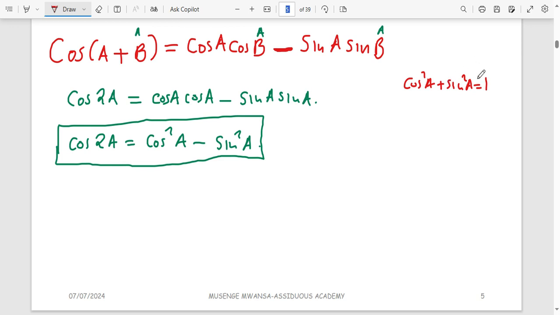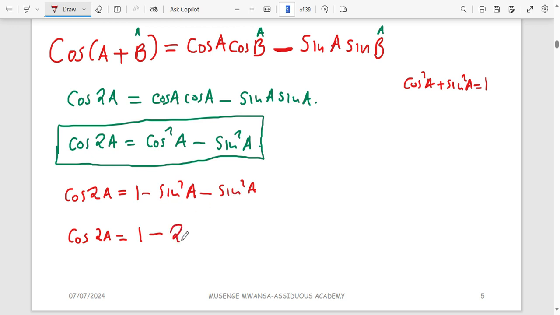So if I take sin squared the other side, cos squared A will be 1 minus sin squared A. So cos 2A is equal to, where there is cos squared A, I'll put 1 minus sin squared A. But remember we have got another minus sin squared A. So this gives us cos 2A being equal to 1 minus sin squared A minus sin squared A. That is going to be 1 minus 2 sin squared A.